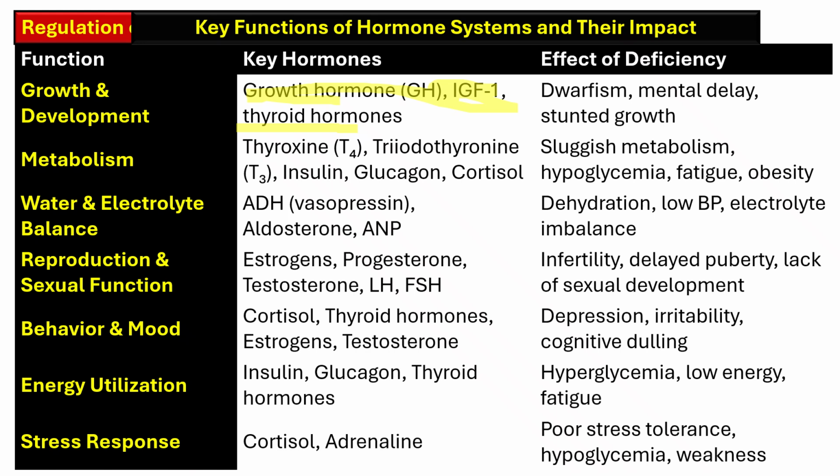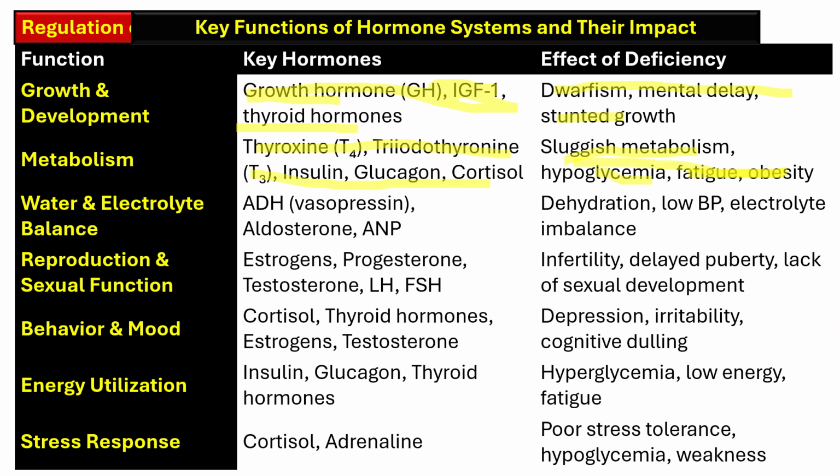If there is deficiency of these, that will result in dwarfism, mental delay, and stunted growth. Metabolism is governed by thyroxine, triiodothyronine, insulin, glucagon, and cortisol. And if they are deficient, there will be sluggish metabolism, hypoglycemia, fatigue, and obesity.